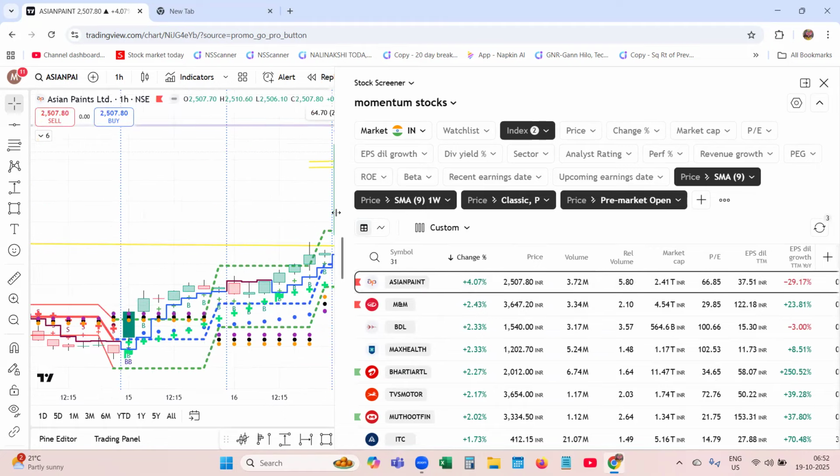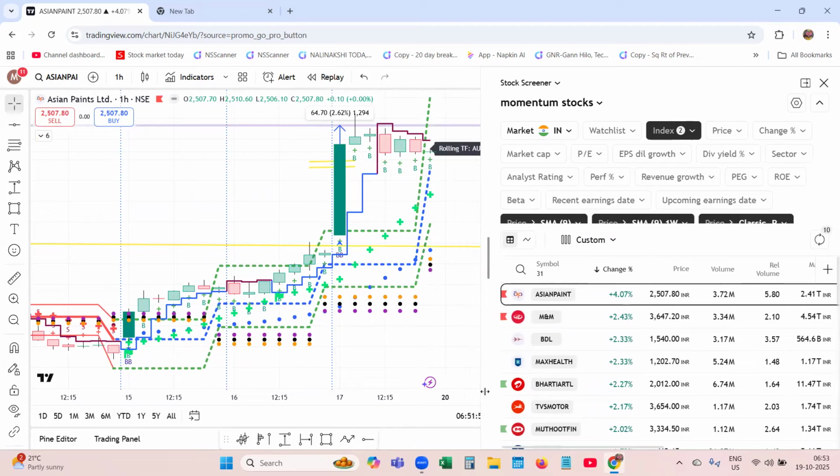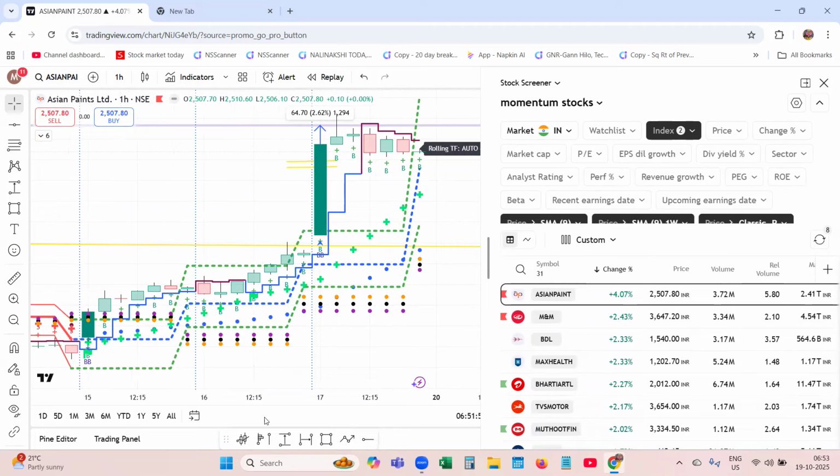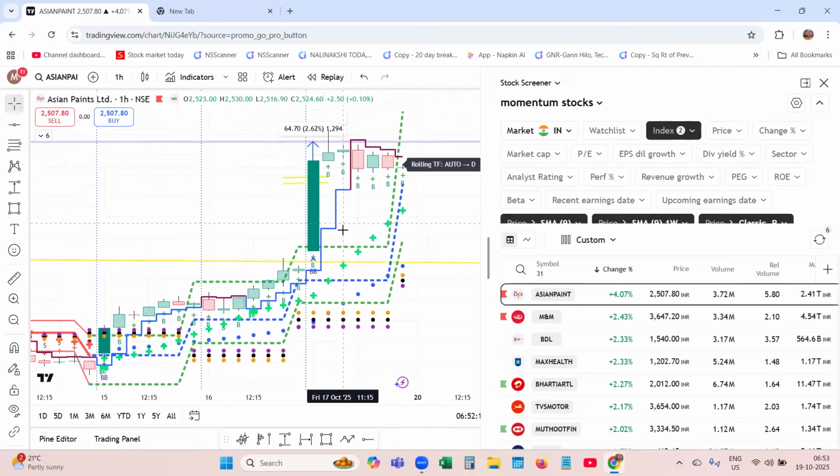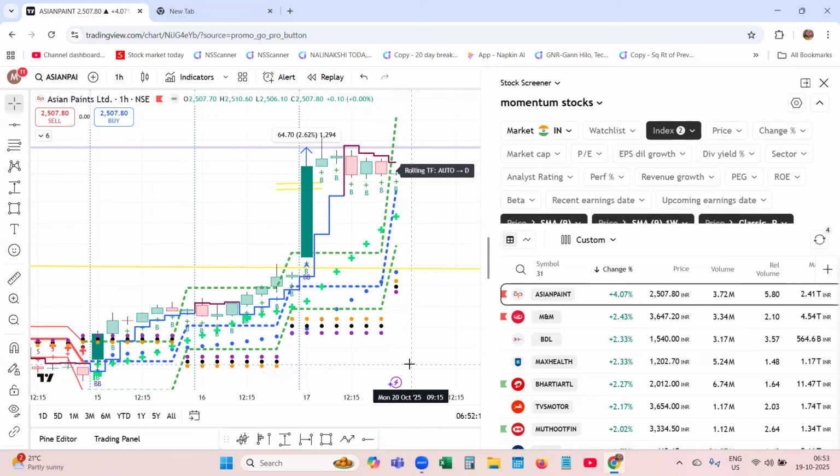Even this has been popped on this day. It has started its move from Asian Paint, started its move from this level. Here to here, 3 days of up move you could have captured with the indicator.